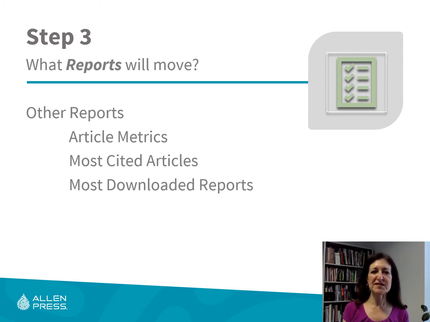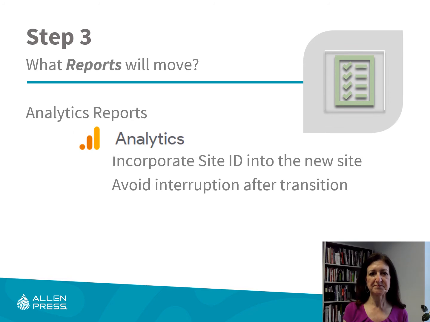And so again, the goal of this step is to try and have as minimal disruption as possible to trend reporting and metrics reporting so that you and all of your stakeholders have as smooth an experience as possible. If you collect site-wide metrics from Google Analytics or maybe another analytics package, do plan to incorporate your site IDs into the new platform, again, so those metrics can continue with as little disruption as possible.